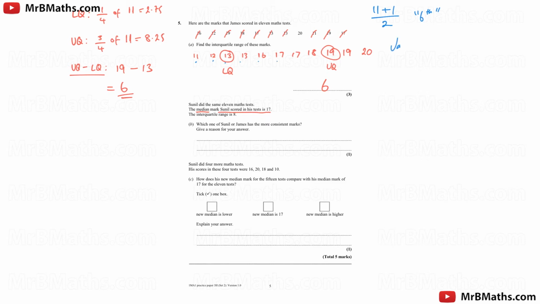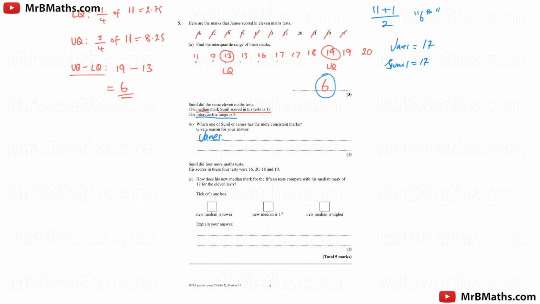So James's median is 17, and Sunil's is 17 too. So the only difference between the two is Sunil has an interquartile range of 8, and James has an interquartile range of 6. So the question's asking who has the more consistent results. So that would be James. And the reason why James has more consistent results is because the interquartile range is less, so there's less of a spread.